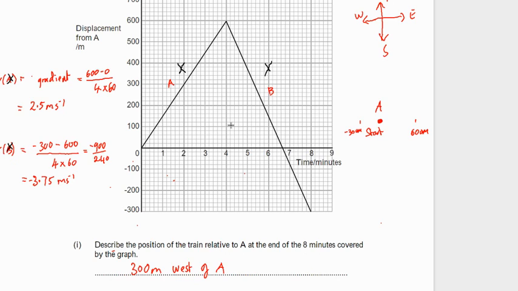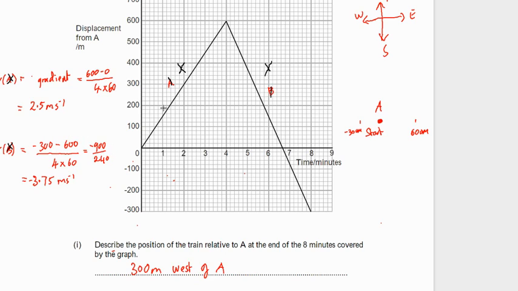Okay, so it's the rise over the run again for the second section. Its final displacement is minus 300, take away initial displacement, which is 600.